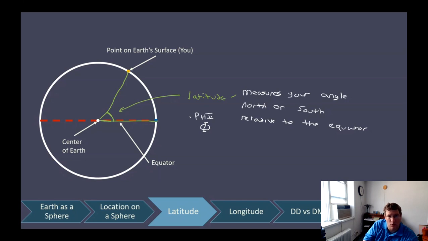This symbol, phi, means latitude. Whenever we talk about latitude, we're talking about the measure between you on the Earth's surface, north or south of the equator.